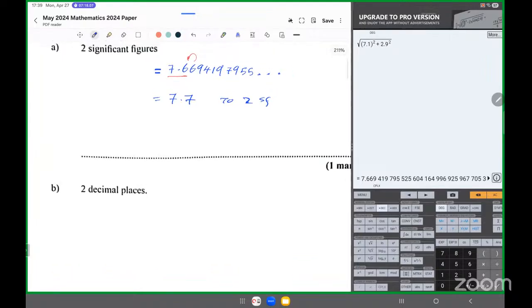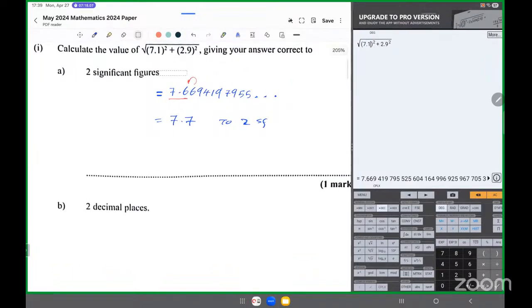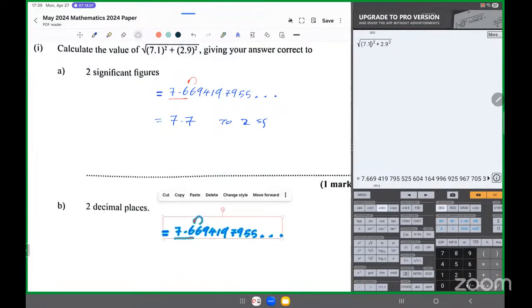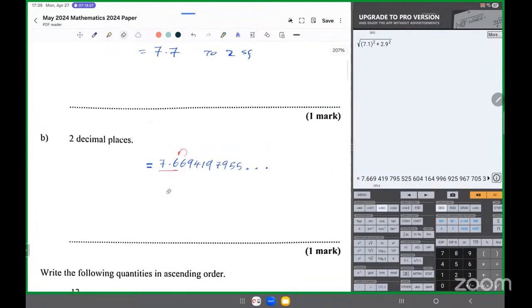Next, I wanted it to two decimal places. So if I take the same number and copy it down here, we now want to correct it to two decimal places.